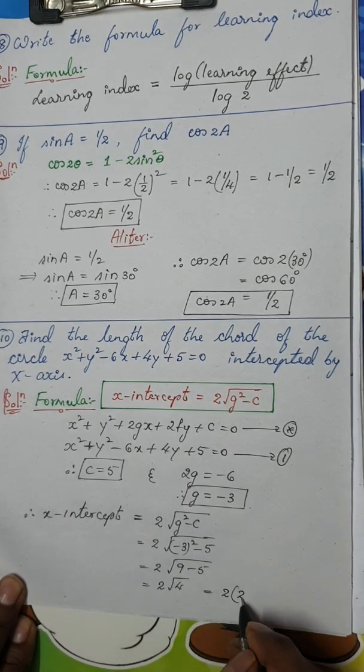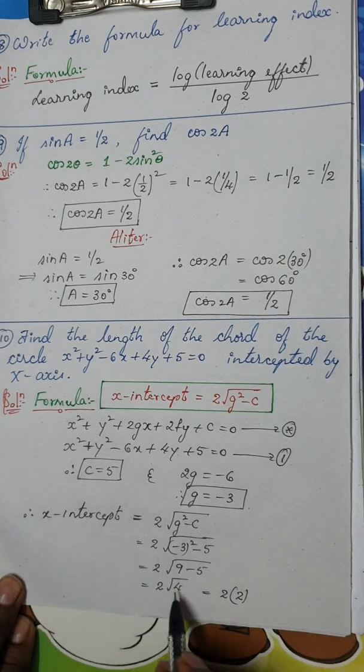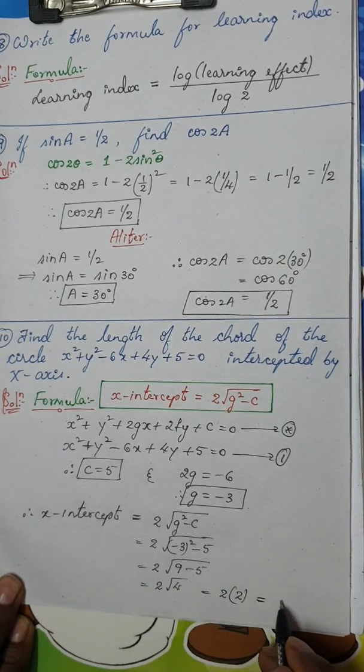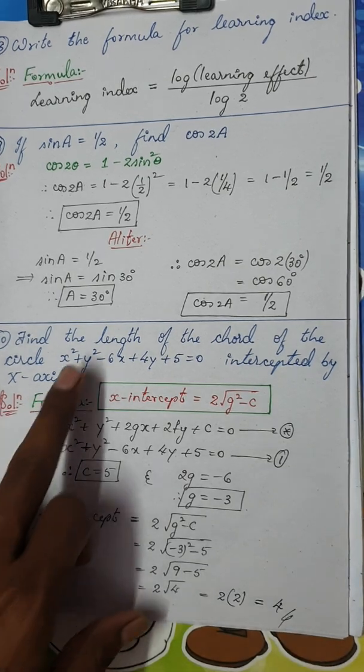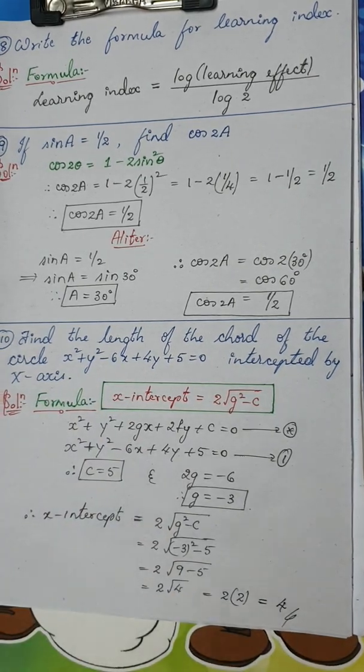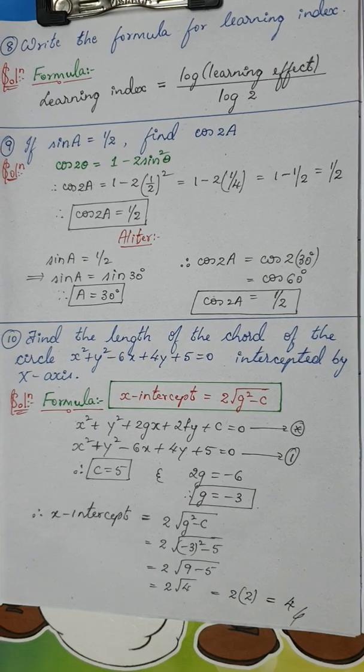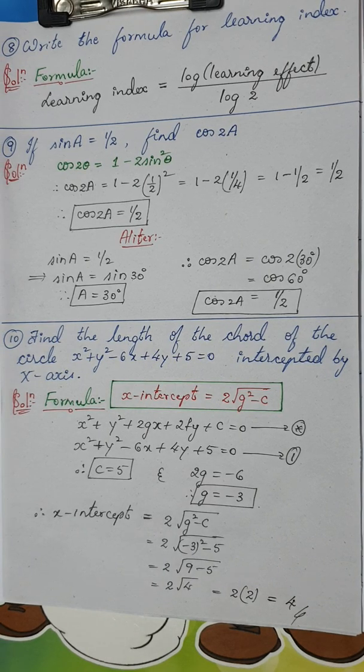What is root 4? Root 4 is actually 2. So this is nothing but 2 twos are 4. So the x-intercept of this circle would be 4. And that would be the required solution.